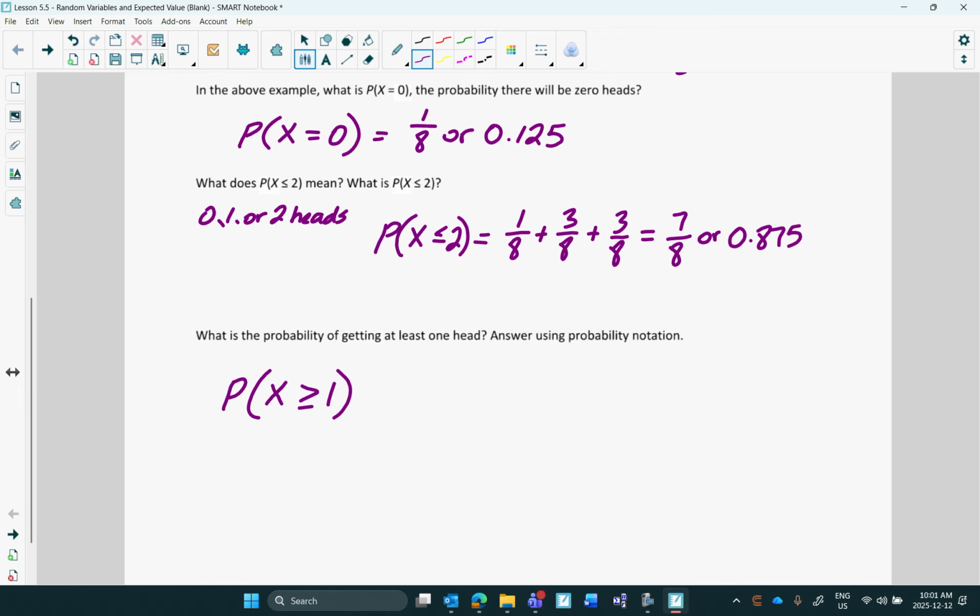Remember, at least means at your starting point and more, not at your starting point and less. Sometimes students get that confused. So what is the probability that it's going to be 1 or greater? Well, it's going to be 3/8 for 1, 3/8 for 2, 1/8 for 3, and once again, we get 7/8. Or if we go to decimal, 0.875.